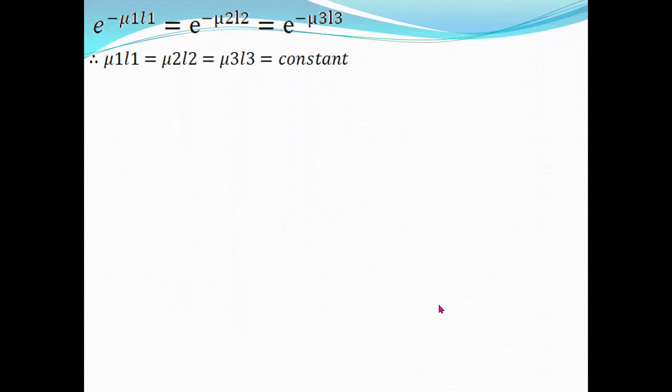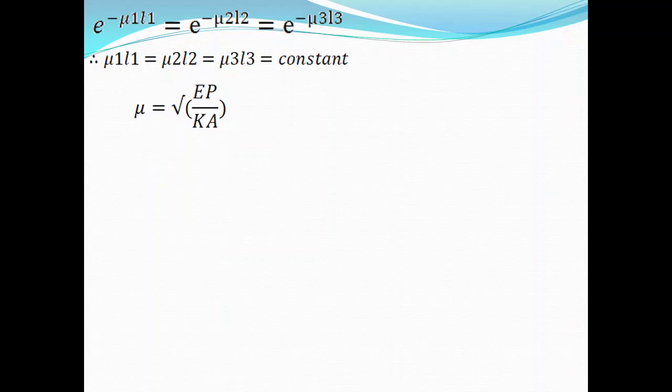Since e raised to something is equal, the arguments of e should also be equal. Therefore, we have mu1 L1 equal to mu2 L2 equal to mu3 L3 equal to constant. Negative signs also get cancelled.